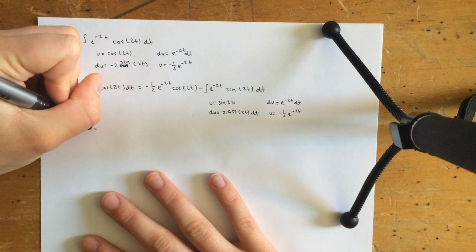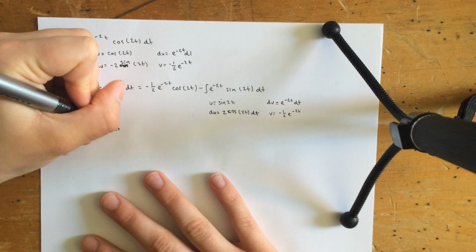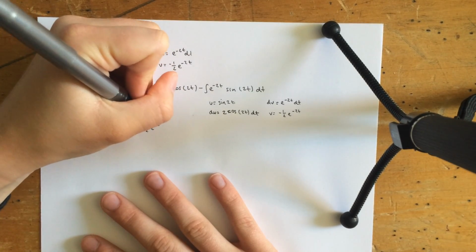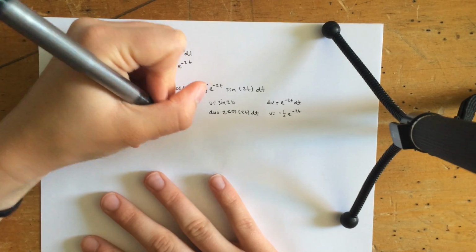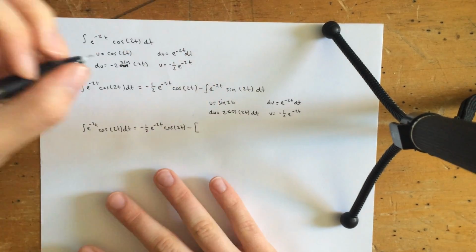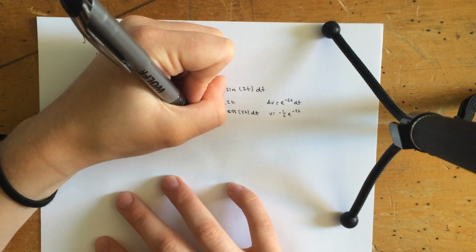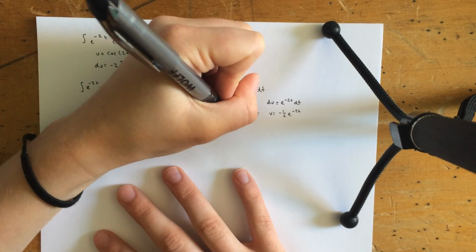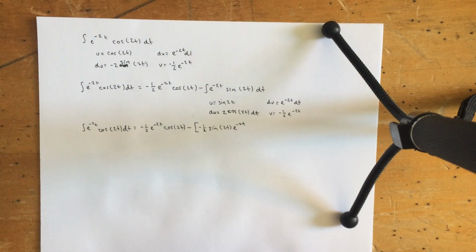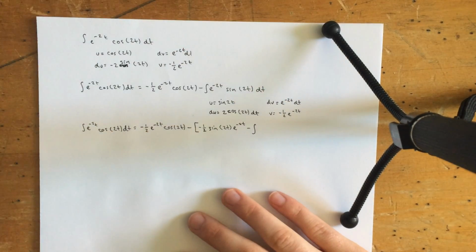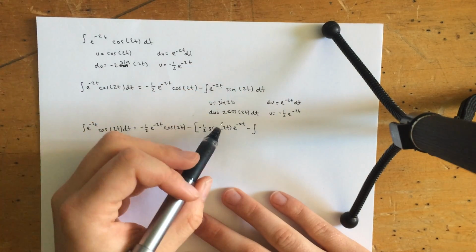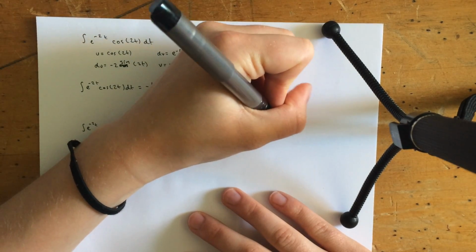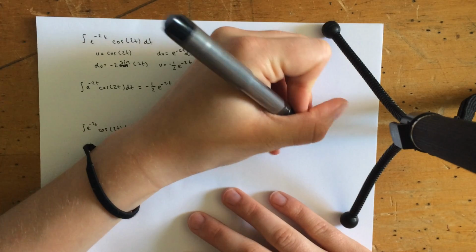The integral of e to the negative 2t cosine of 2t dt equals negative 1/2 e to the negative 2t cosine of 2t minus, and I'll put brackets in here, u times v, so negative 1/2 sine of 2t e to the negative 2t, minus v du. Negative 1/2 times 2 would be negative 1, so negative e to the negative 2t cosine of 2t dt.